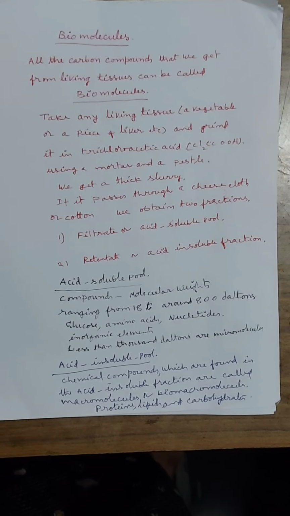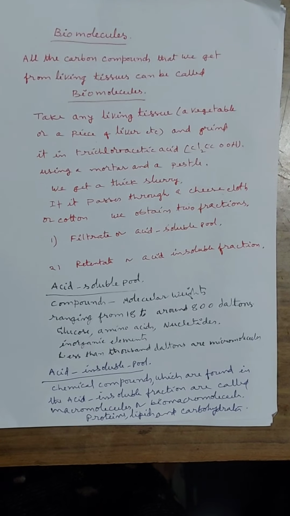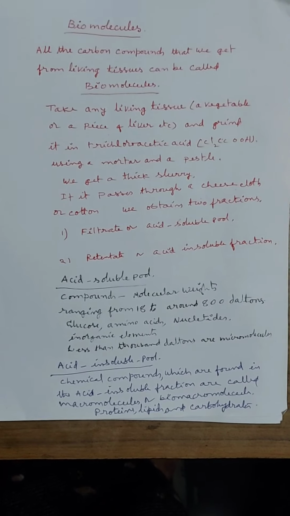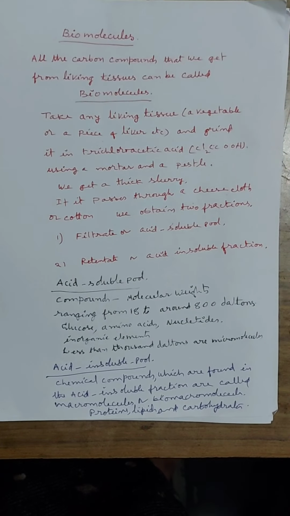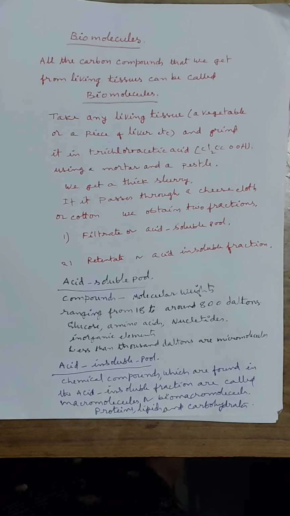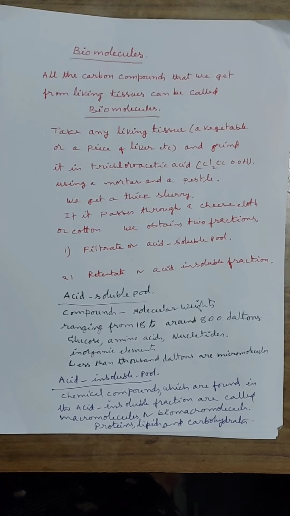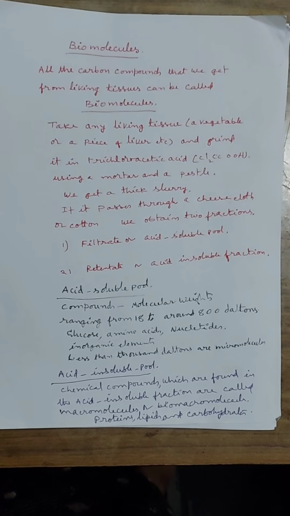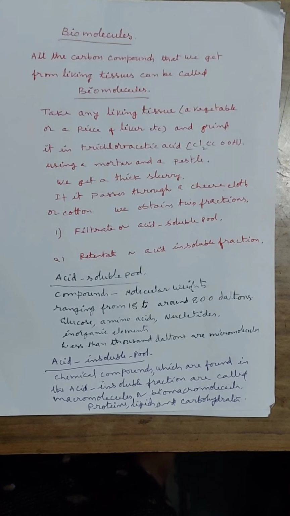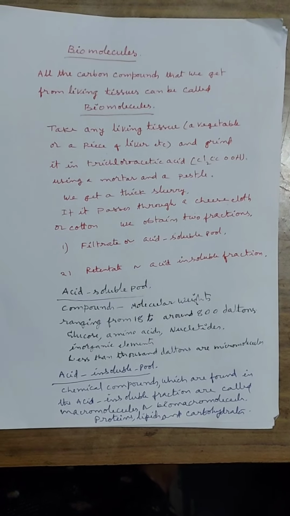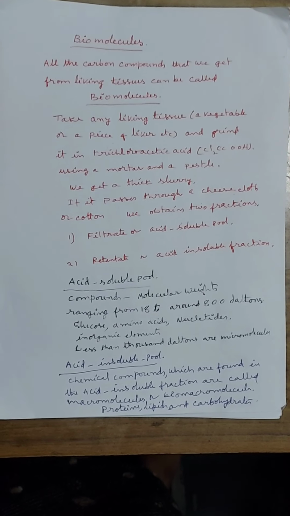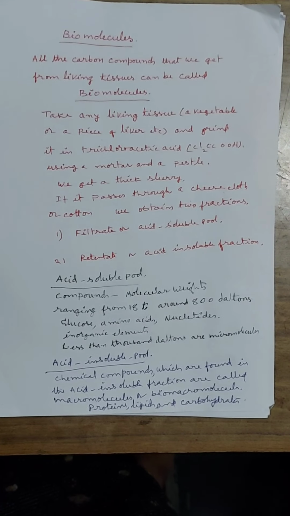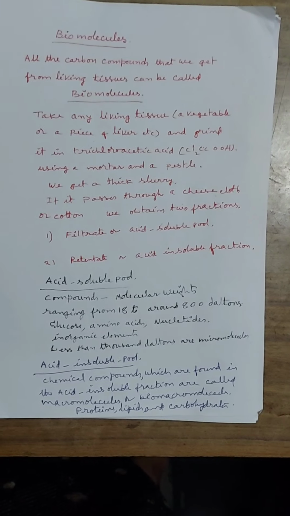Acid soluble pool, also known as the filtrate. The biomolecules found in the acid soluble pool are called biomicromolecules. Their molecular weight ranges from 18 to around 800 daltons.